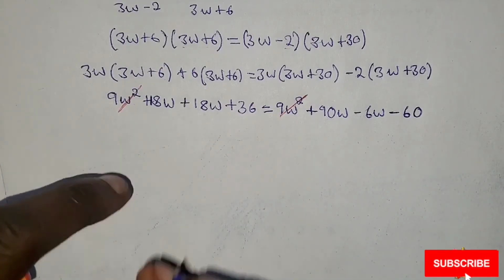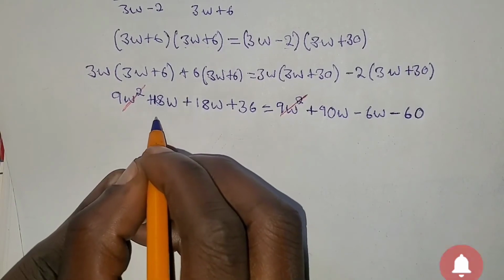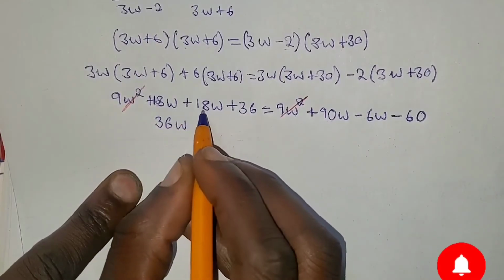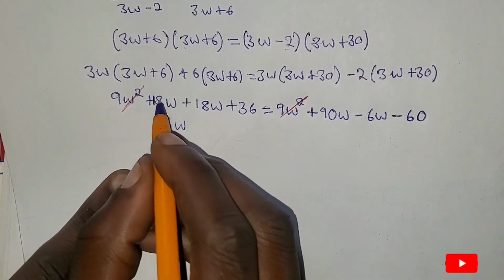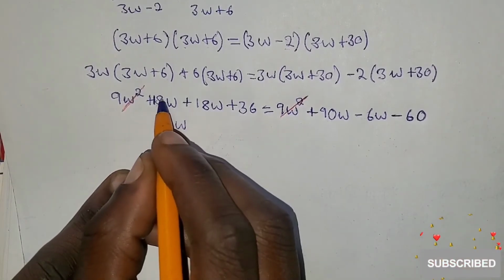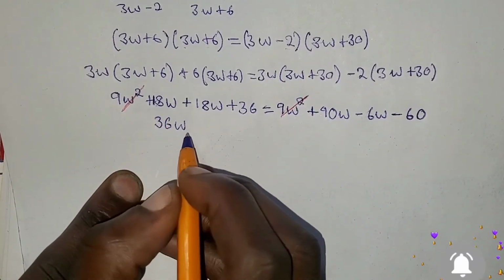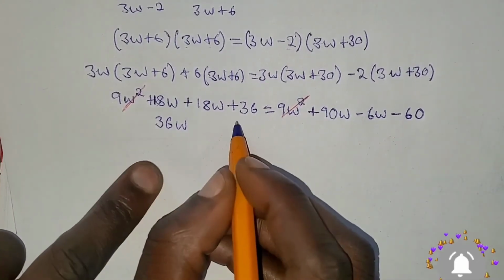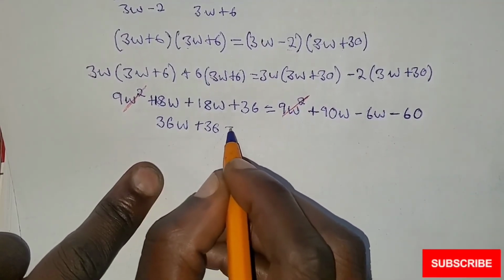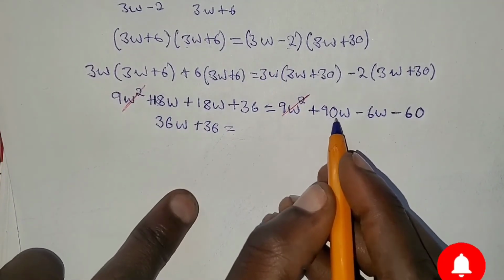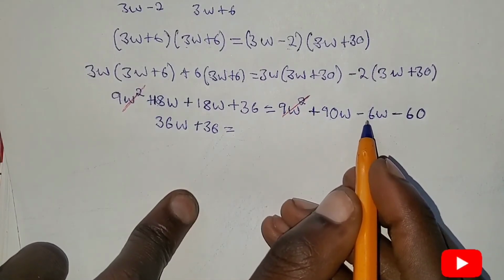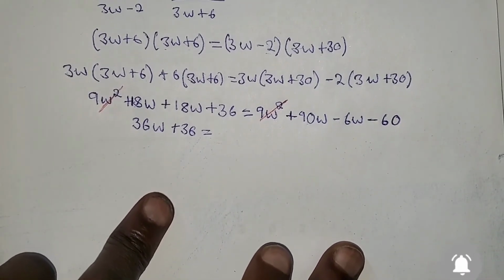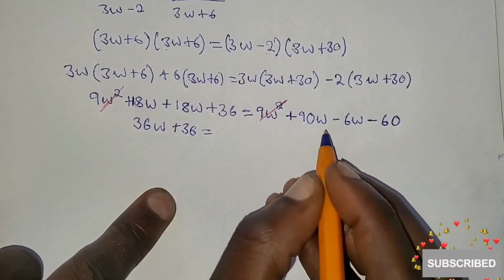So let's do this. 18w plus 18w is giving me 36w, not 36w squared. We are just adding here. When you're adding or subtracting, just consider the coefficient, the number in front of the variable, and drop the variable down. Now we have plus 36 is equal to 90 minus 6, which gives me 84, because these are like terms.